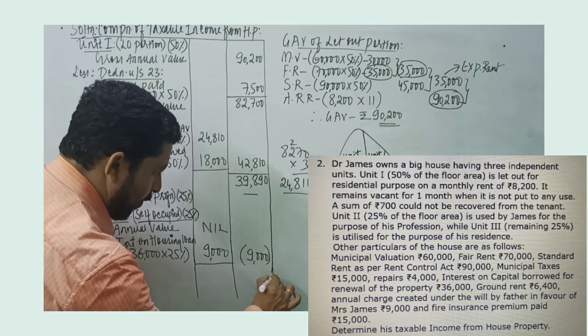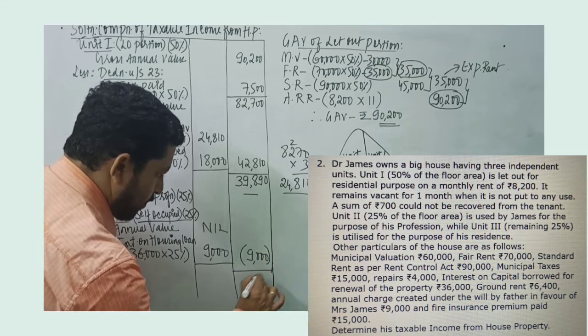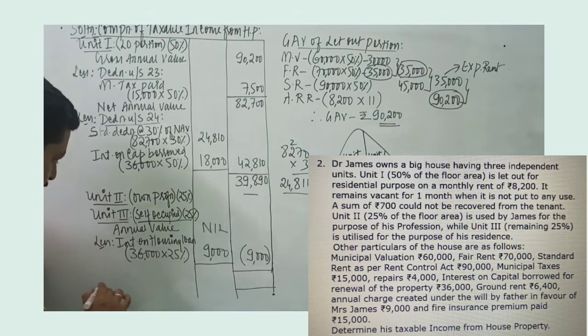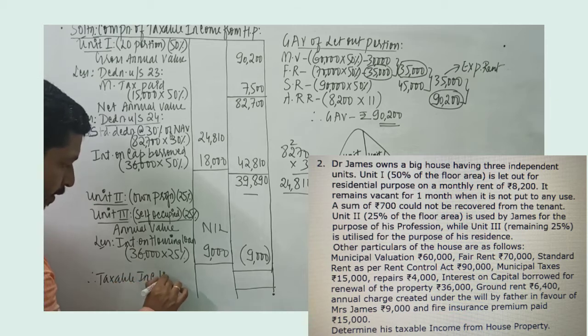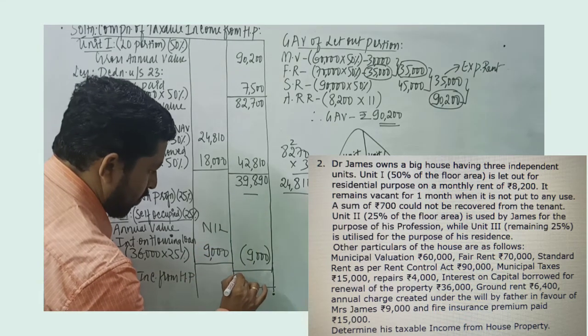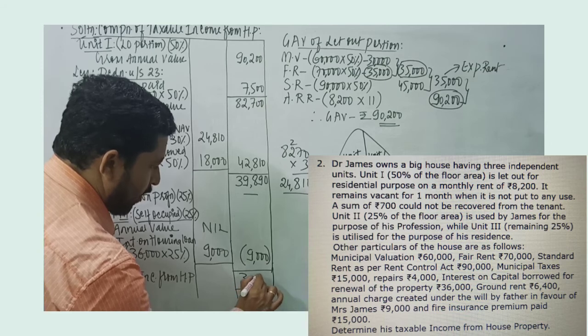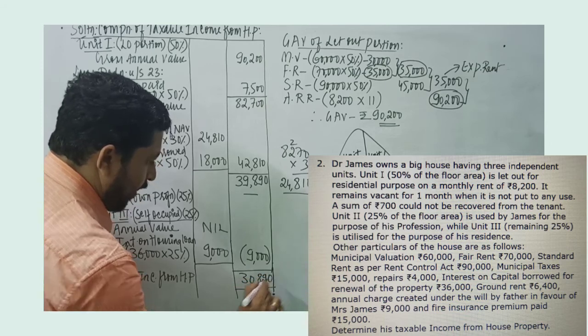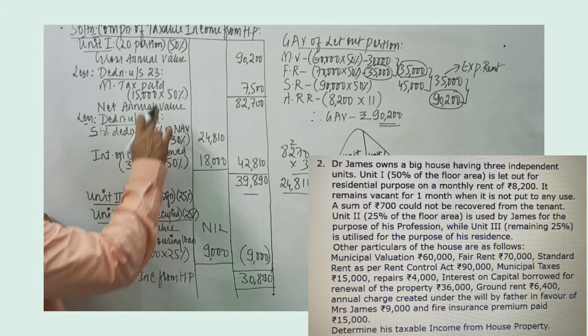I am putting that number in brackets. So therefore, taxable income from house property would be plus 39,890 minus 9,000. So that would be 30,890. So let's look at it quickly.